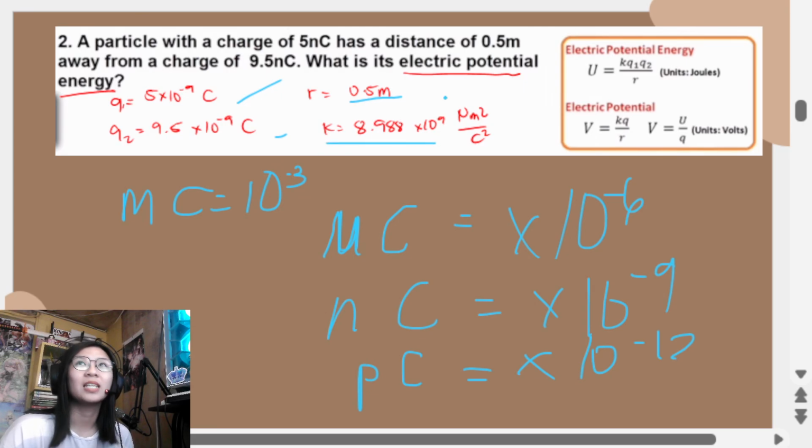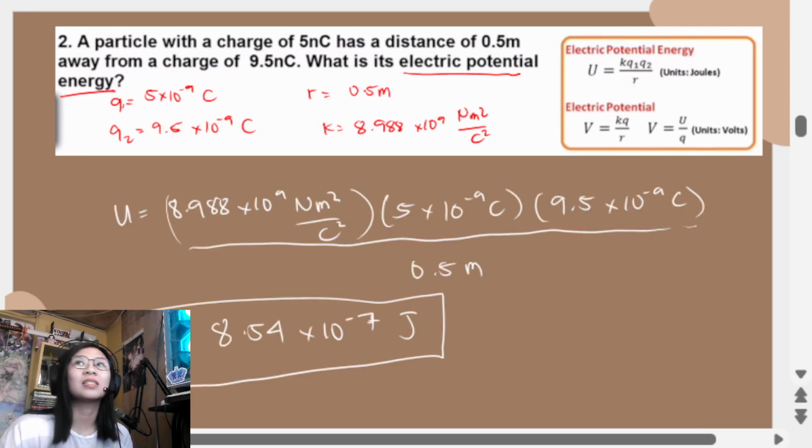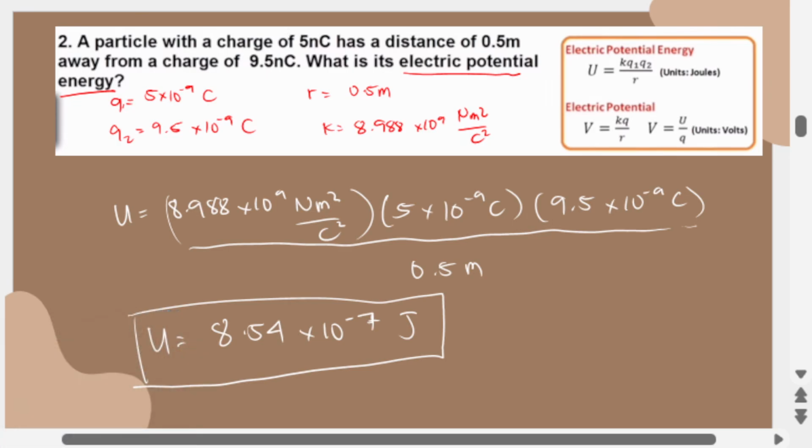Then our K. You put everything into our formula, and you will have this answer. Your answer is 8.54 times 10 raised to negative 7. To make it clear, you multiply K, Q1, Q2 over your R, which is 0.5 meters.